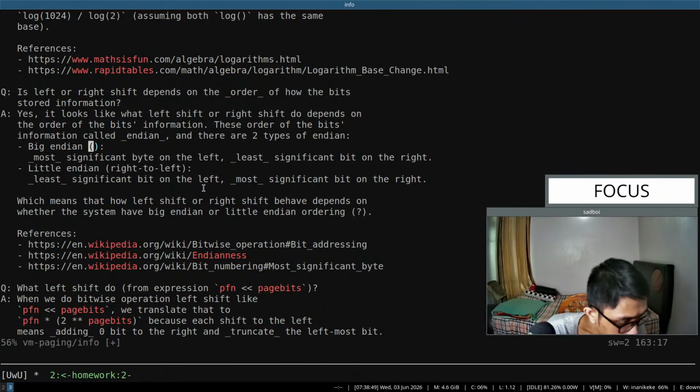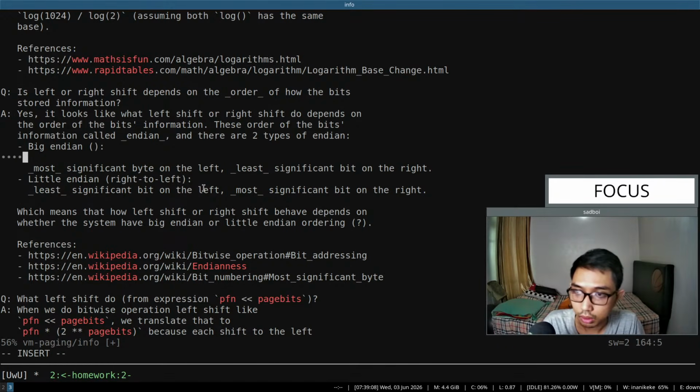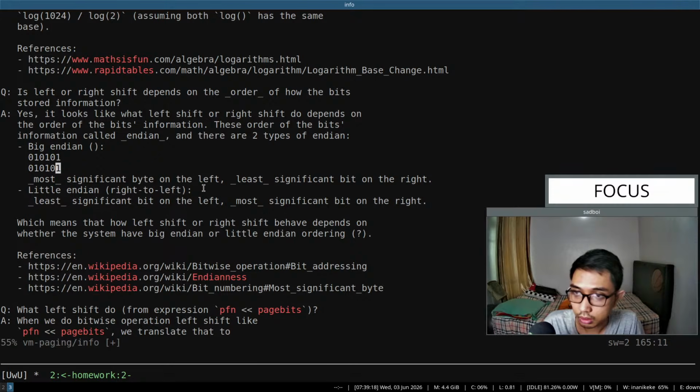The most significant byte. First byte appearing in memory is the biggest. So let's say we have, what is it called, memory address, something like this, right? Yeah, maybe something like this.